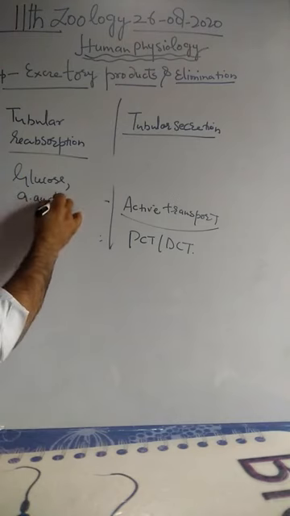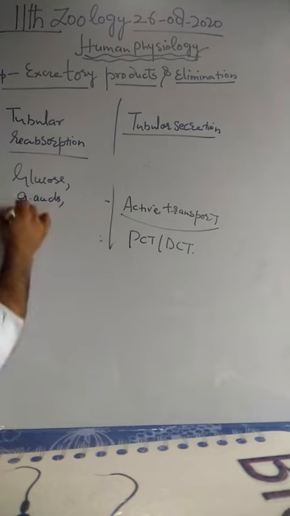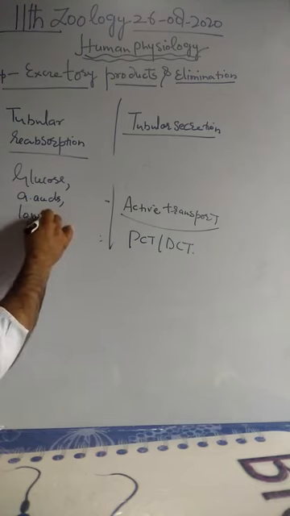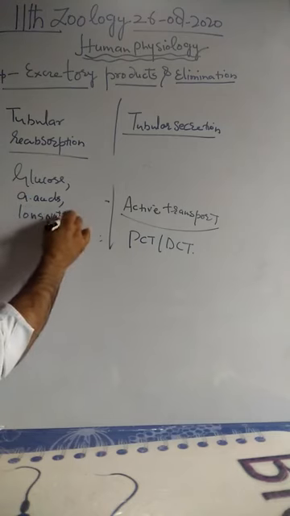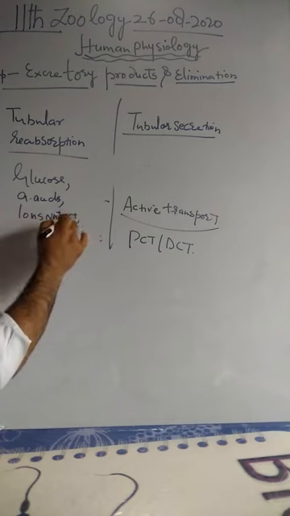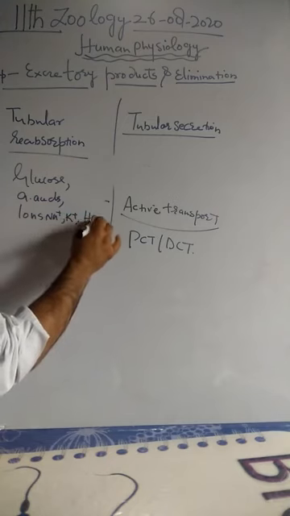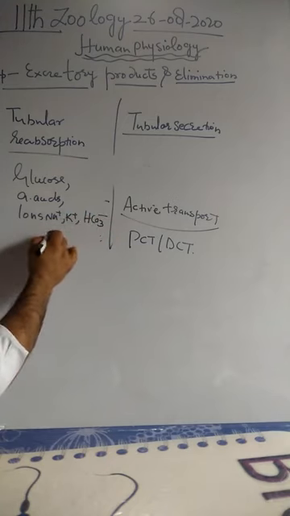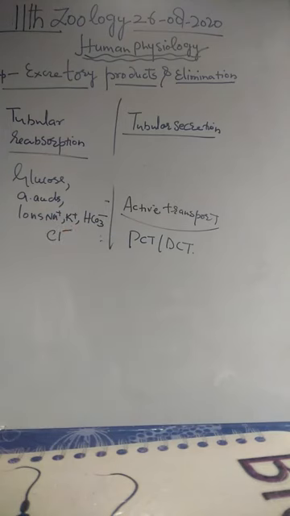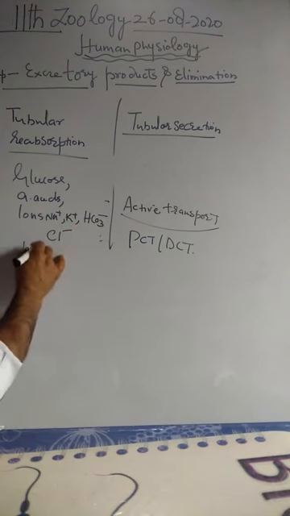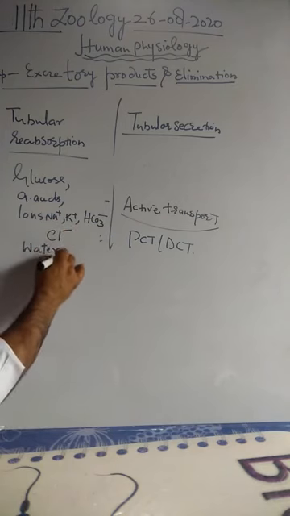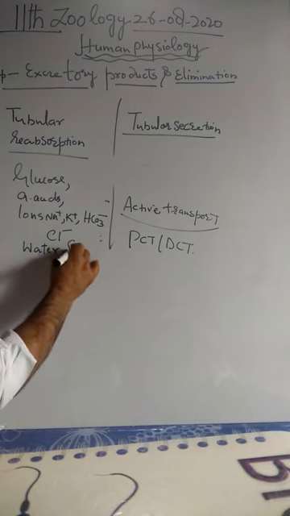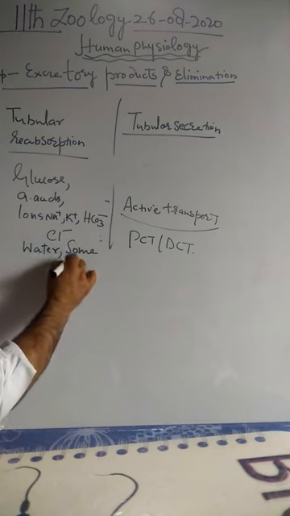They are again poured into the bloodstream, and some ions. Those ions are sodium, potassium, carbonate ions, and chloride ions, as well as water. They are put again into blood circulation, as well as some urea.